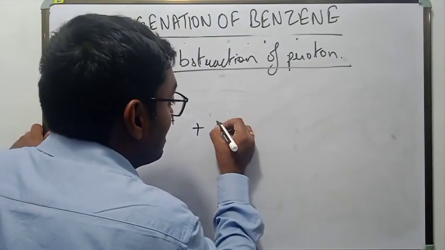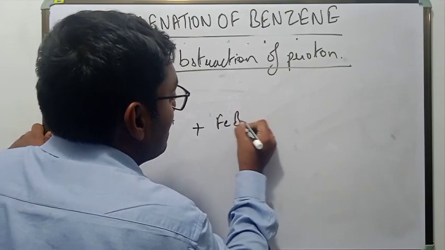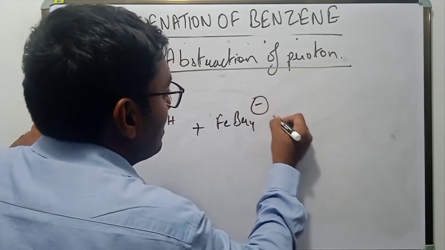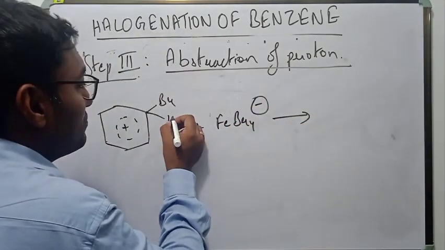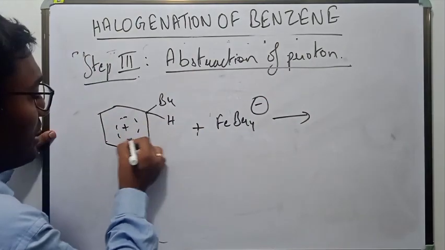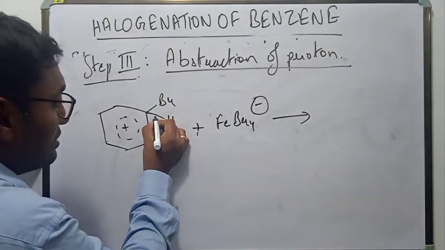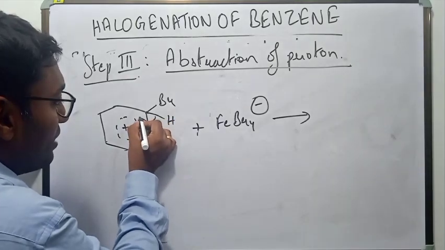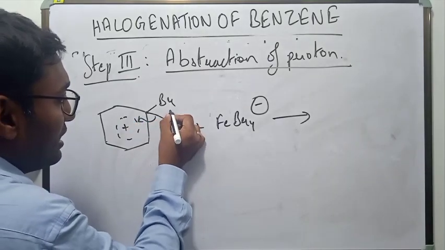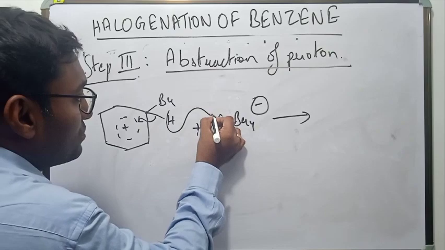Do you remember the conjugate base? Yes, it was FeBr4 minus, right? This would take the H. Our benzene carbocation is very unstable. This electron pair would go back into the benzene ring and H plus goes here.